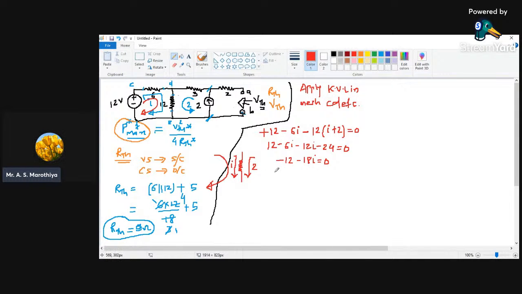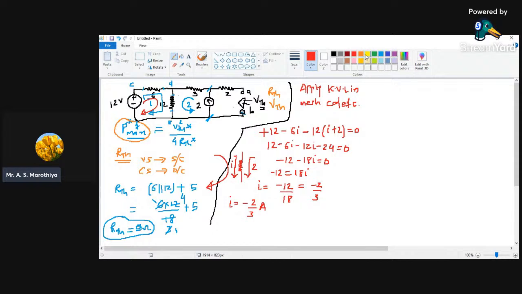And then minus 12 is going to be equal to 18I, or I can write here I is going to be equal to minus 12 by 18, or 2 6s are 12 and 6 3s are 18. So here the value of I we got as minus 2 by 3 ampere.